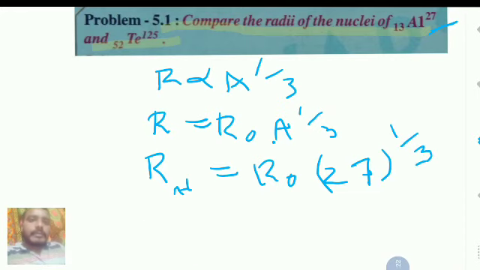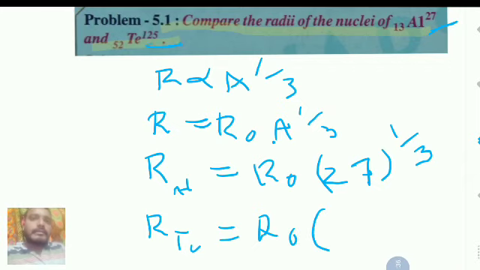Same for the radius of the tellurium, represented with Te, r naught into the given mass number 125, whole to the power of 1 by 3.